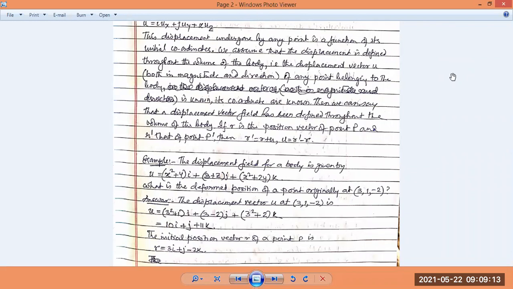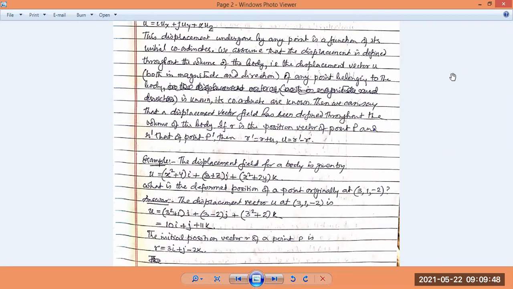All the points inside the body are displaced by the action of the external forces, and the displacement is always known to us if we know the initial coordinates of the points. So the displacement of points is given by the displacement vector, and the initial and final positions of all the points before and after deformation are given by their coordinates itself.